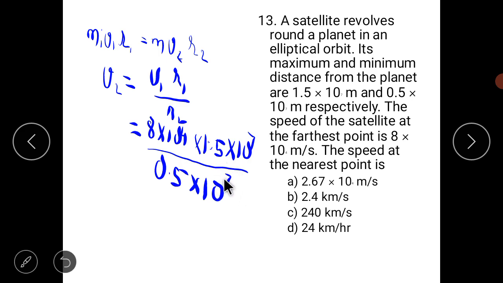The 10 to the power 7 gets cancelled. So 1.5 divided by 0.5, we can treat this as 15 by 5, that is 3.